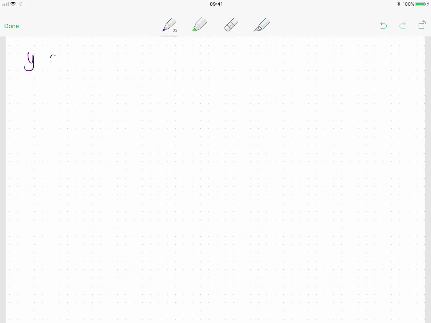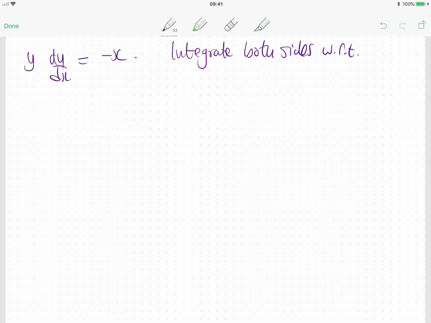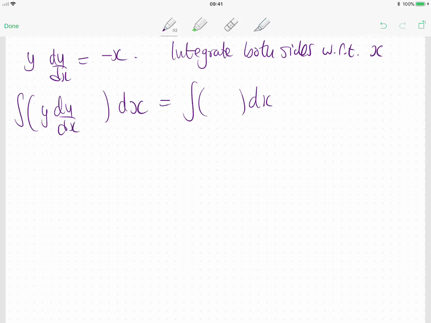So we have y dy/dx is minus x, and I'm going to integrate both sides with respect to x. Okay, so the left hand side, integrate this, just like that, and the right hand side, you can integrate that, it's just minus x.